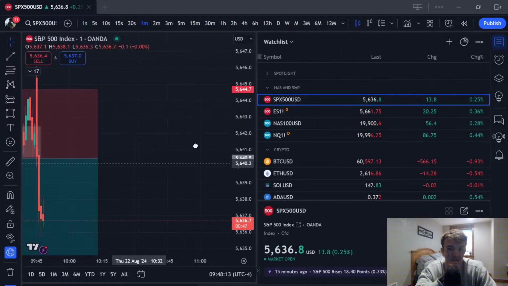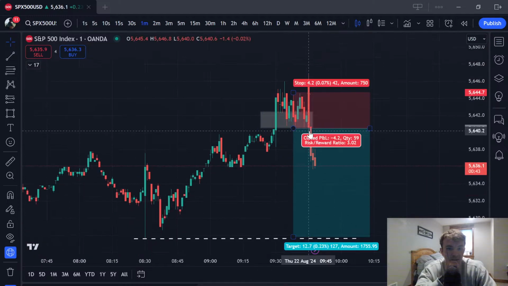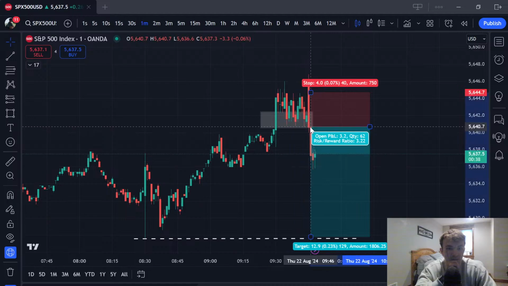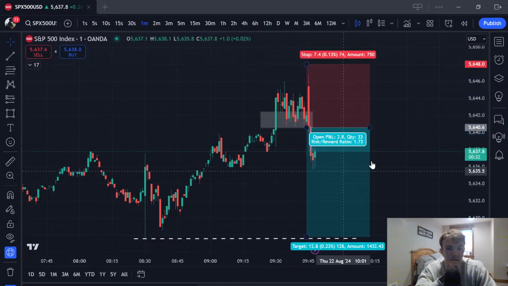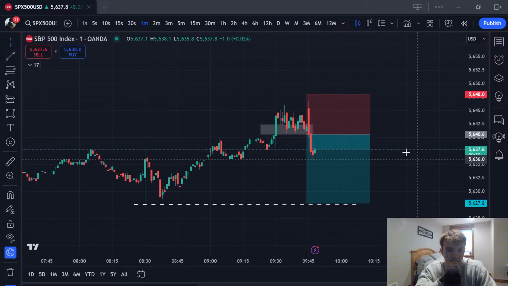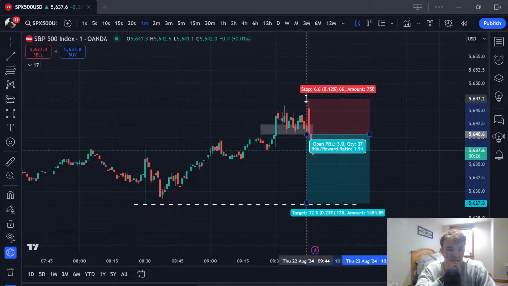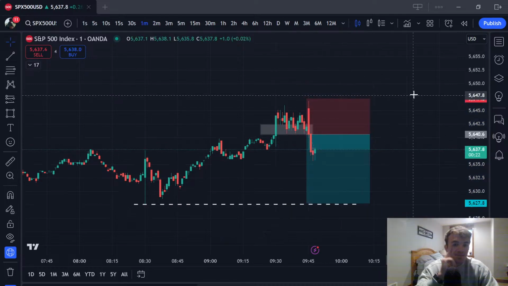So news has officially came out. So yeah, this could have been a trade you could have entered. Like I said, you could have entered here. I mean, you really have your stop loss right here, but it's not gonna let me put it there. So your target is this data low.